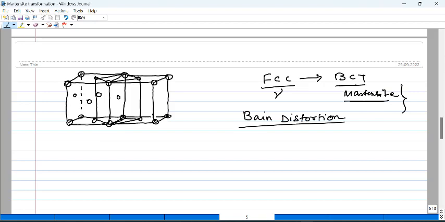Can we not sketch out something like this within the same unit cell? Let me color it differently for you to understand.